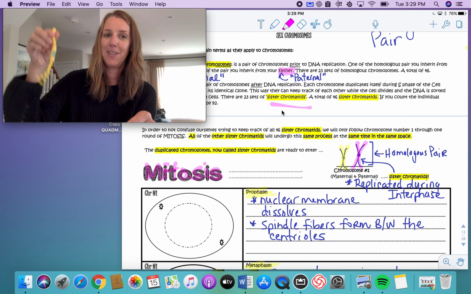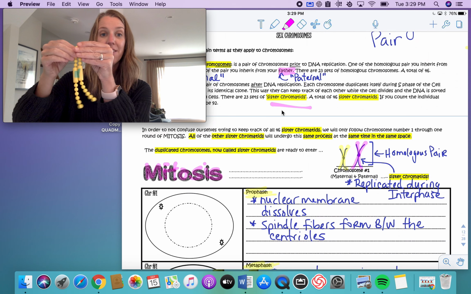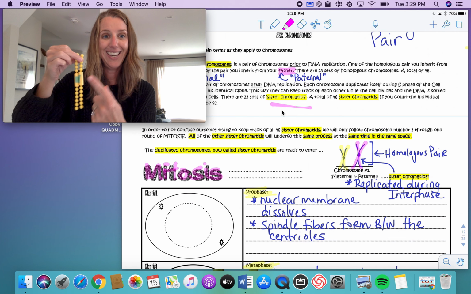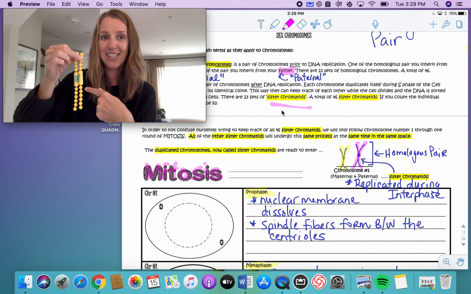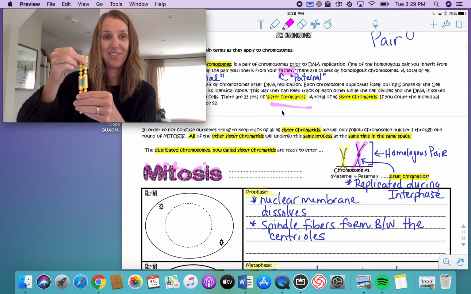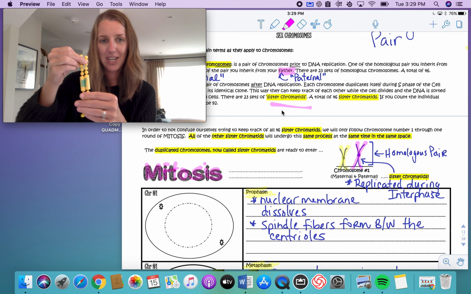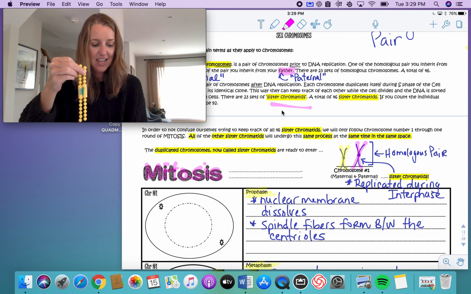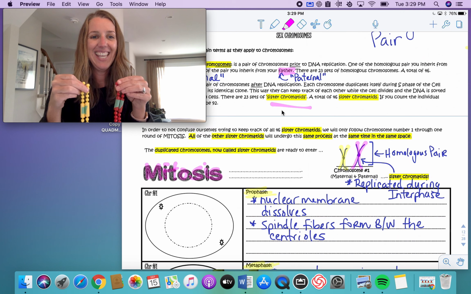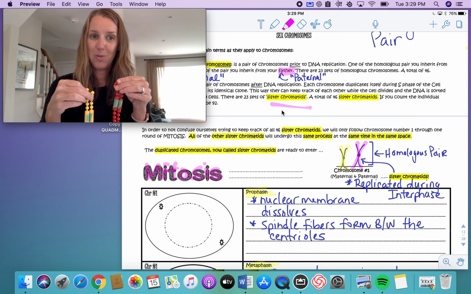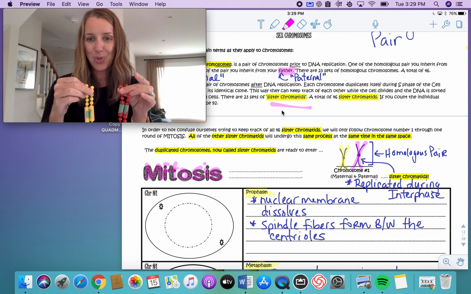So this is called a chromosome. This is called a chromosome. This is a replicated chromosome. When does that take place? It takes place during interphase, at which stage? The S phase of interphase. This is homologous to this because they are both chromosome number 1s. This has sister chromatids, this has sister chromatids.